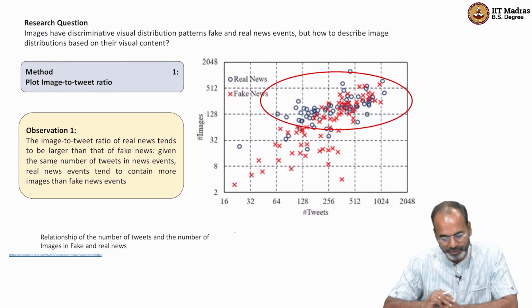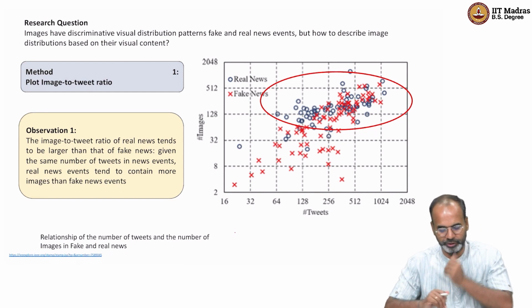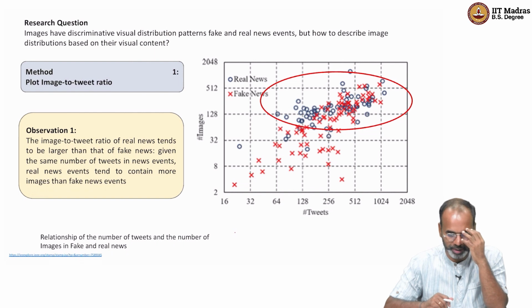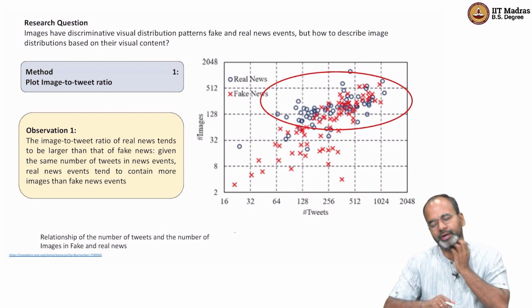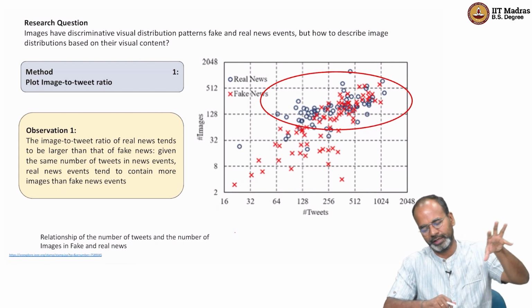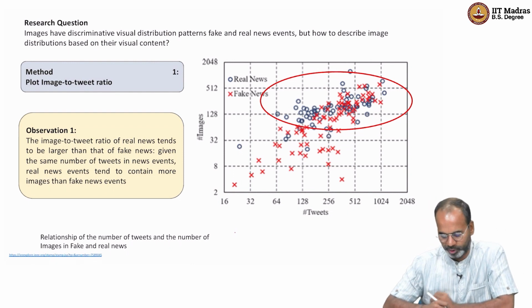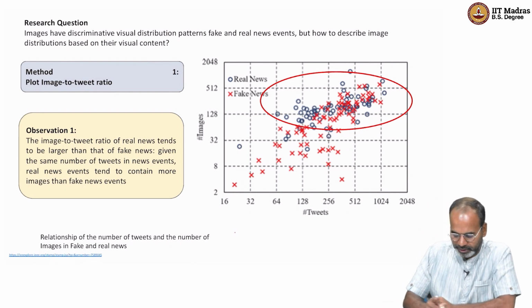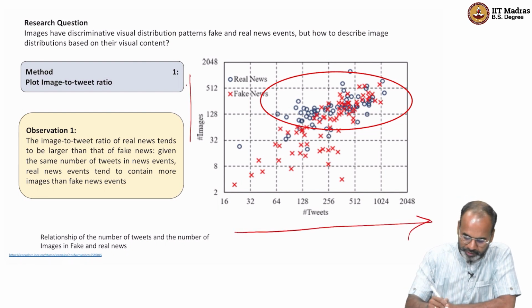This is an interesting graph. Images have discriminative visual distribution patterns in fake and real news events, but how do we describe image distribution based on the visual content? We saw lots of variety in the real tweets. In this graph, the x-axis is the number of tweets and the y-axis is the number of images.